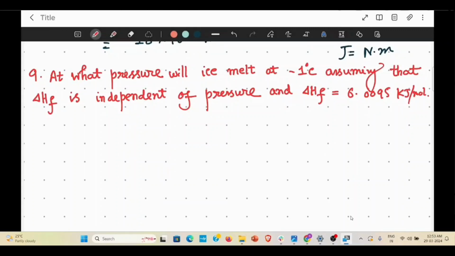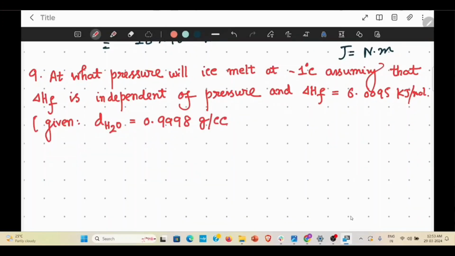So now we have to identify the pressure value for which the ice will melt at minus 1 degree centigrade. And what is given extra? The given information is the density of water is 0.9998 gram per cc.